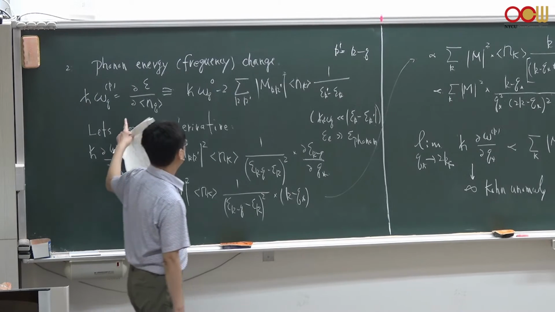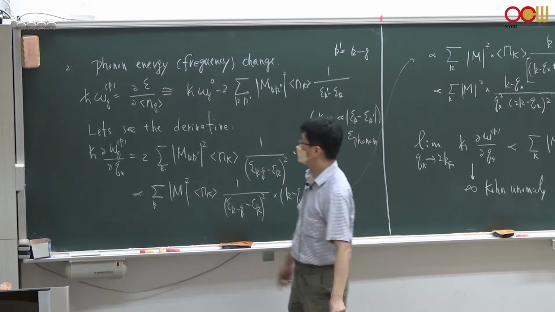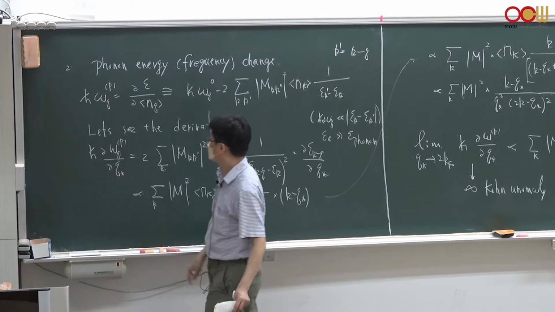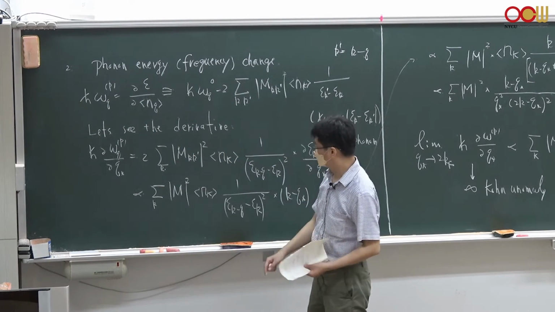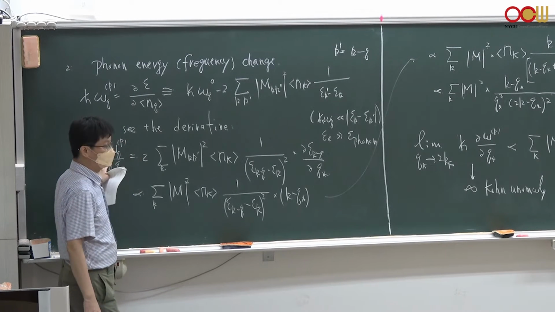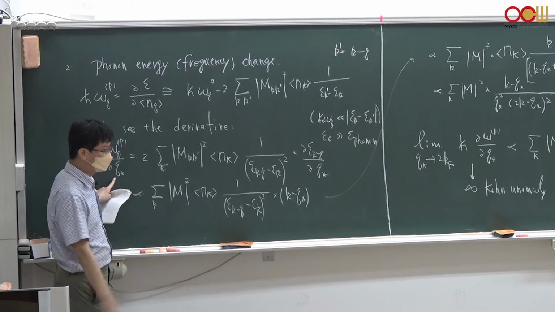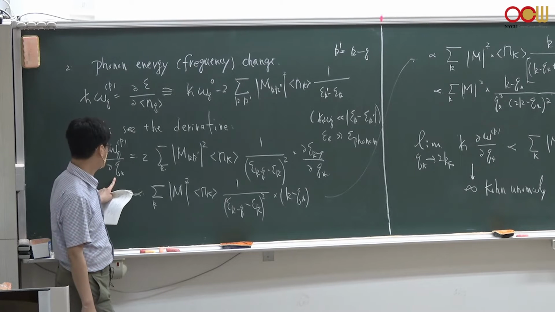Okay, so let's take a look at the slope, the derivative of this ħω_p in momentum space. We could take the derivative of this frequency of a single phonon ω_pq with respect to q at a particular value of q, which we call q star.